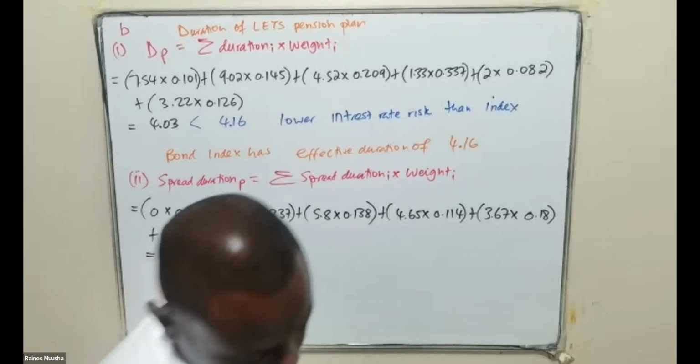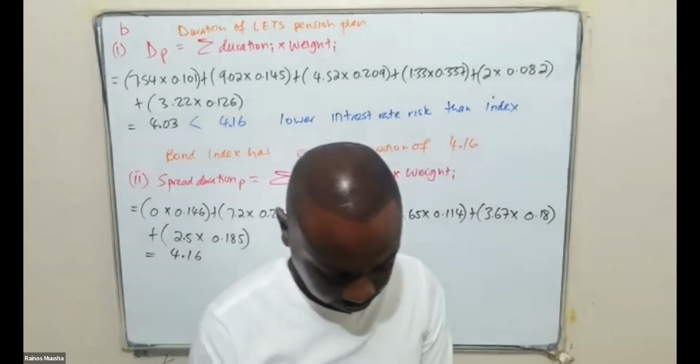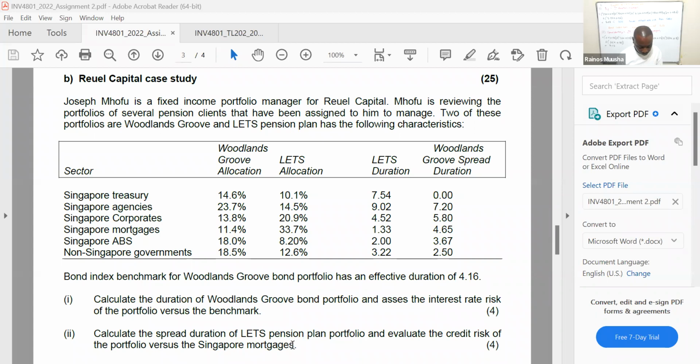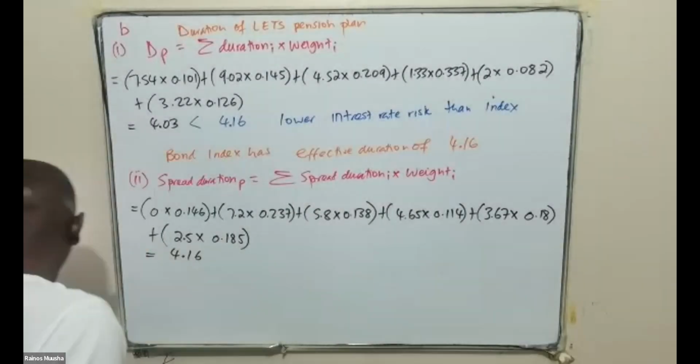So on the question, they say, how is the spread duration of this portfolio compared to the Singapore mortgages? If you check under Singapore mortgages there, you will see that the spread duration is 4.65. So for Singapore mortgages, the spread duration is 4.65.